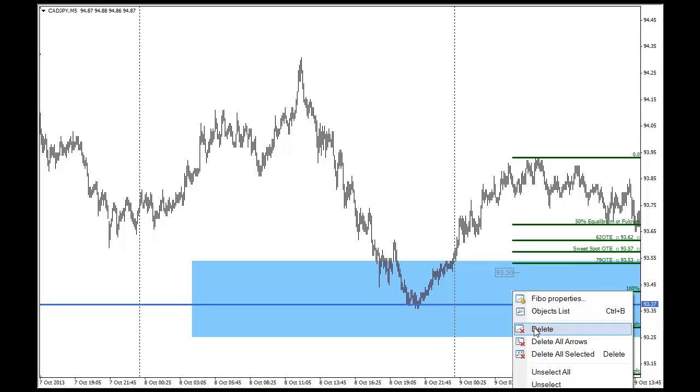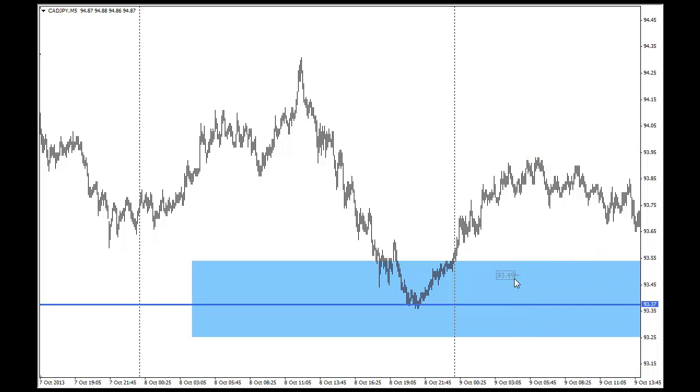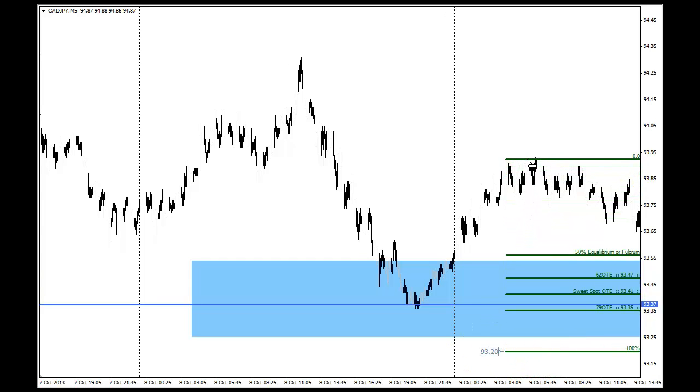let's take this fib off. Okay, you can go down to the 93.20 level. Okay, because there's your institutional level. Now we're going to use an application of the optimal trade entry based on the psychological level or institutional level. We like to use the 20 level. Okay, hidden optimal trade entry, again, using the range between that level. Again, we don't know if it's going to trade down to that level.